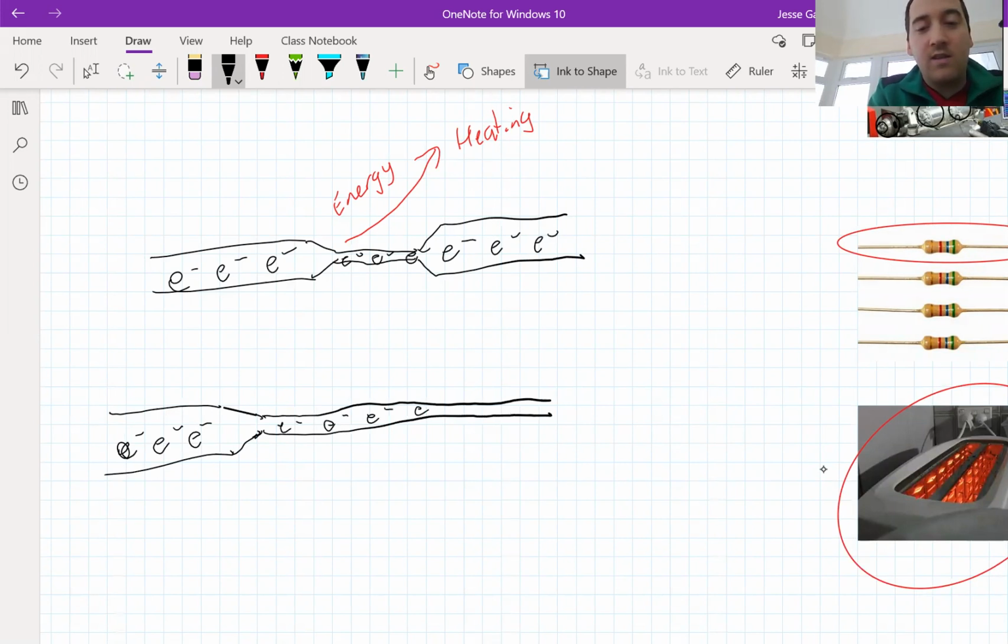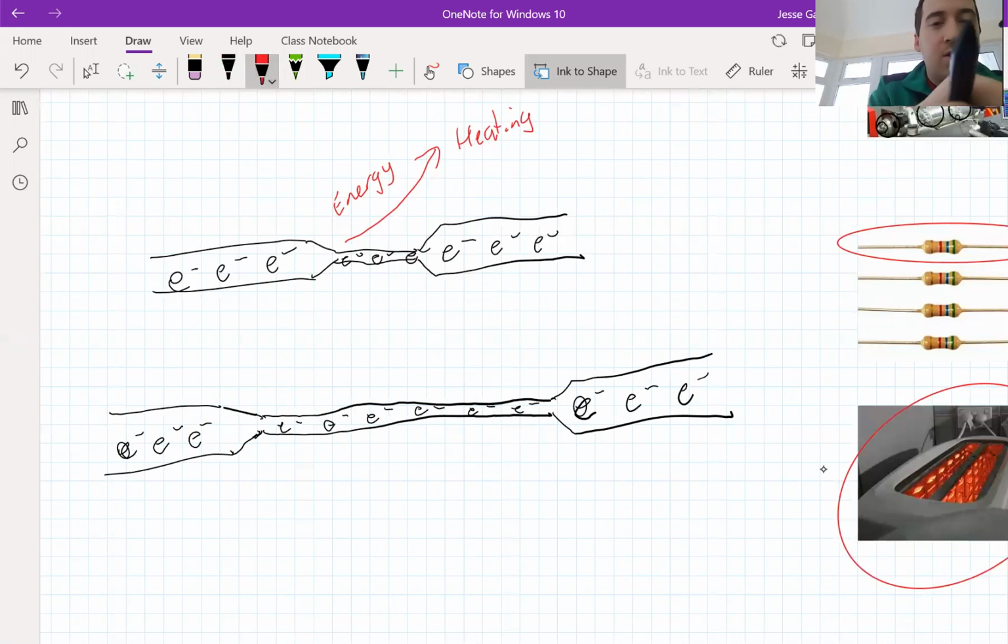So in this case, we're making the resistance wire much longer. And what this does is it increases the resistance and it slows the electrons down more. And when this happens, I'm going to show, using more than one arrow now, a lot more energy is being transferred by heating.